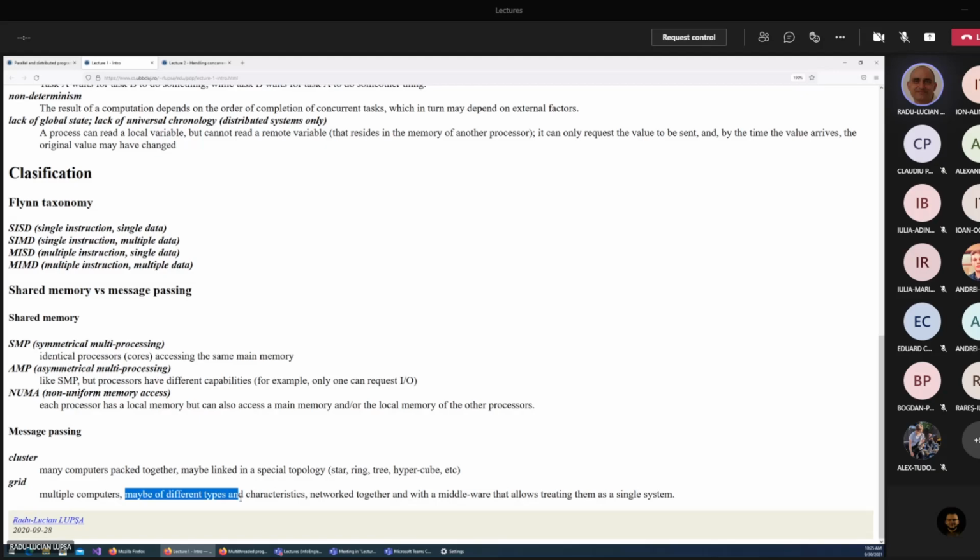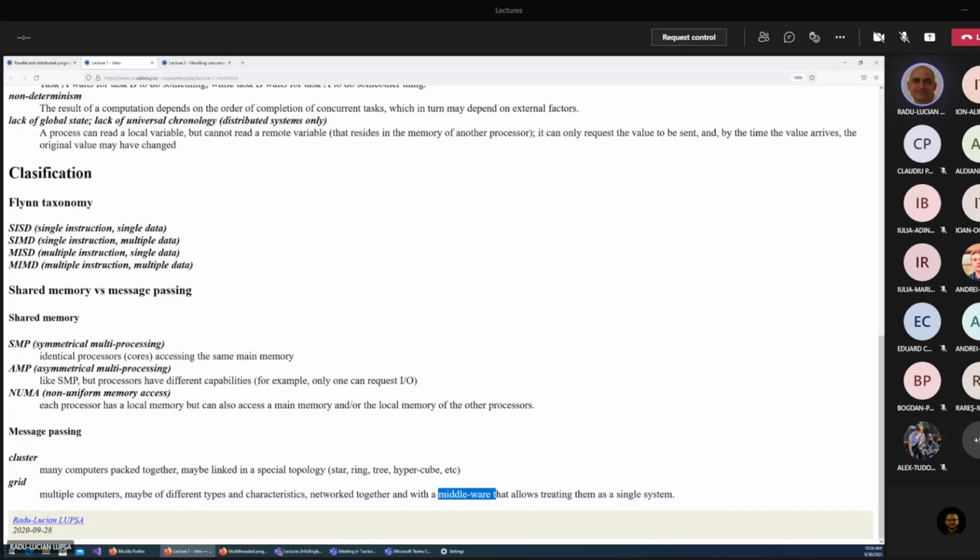And then you have probably some middleware that allows you to write a bit more easily a program that treats the set of computers as a single system.